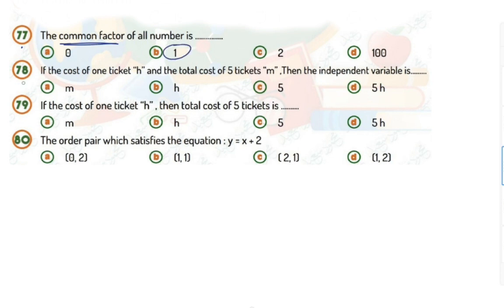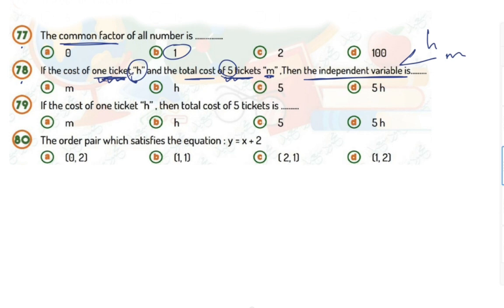78. If the cost of one ticket is H, and the total cost of 5 is M. So you have two variables, H and M. H is 1 ticket, M is 5 tickets. What's the independent variable? The independent variable may be H, may be M. So what comes first? Of course, the ticket.